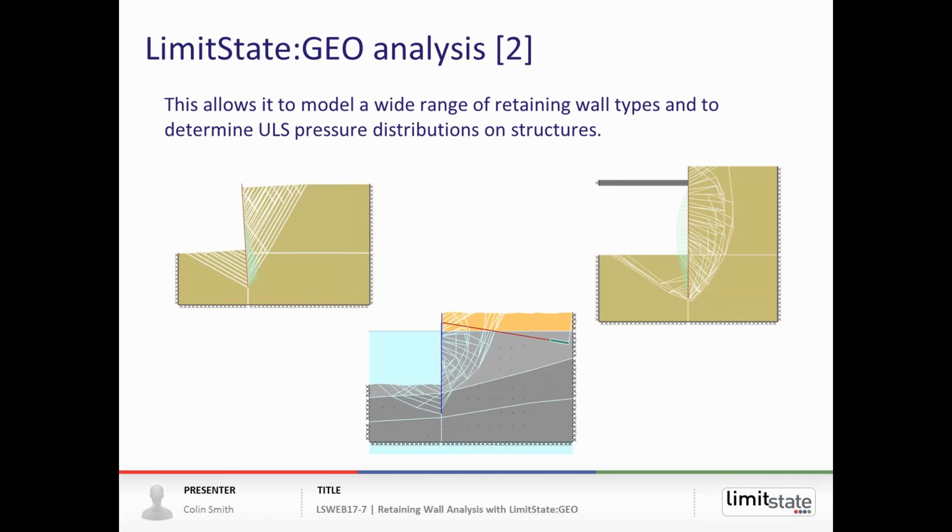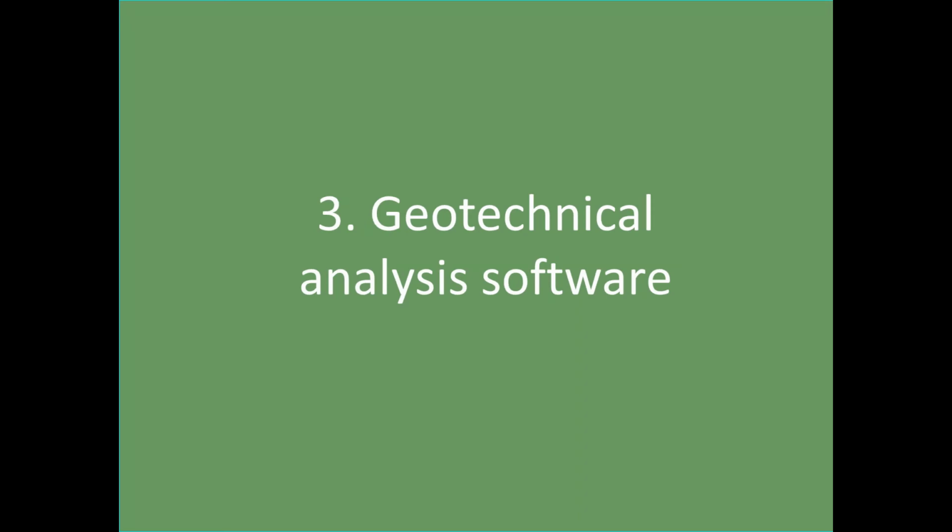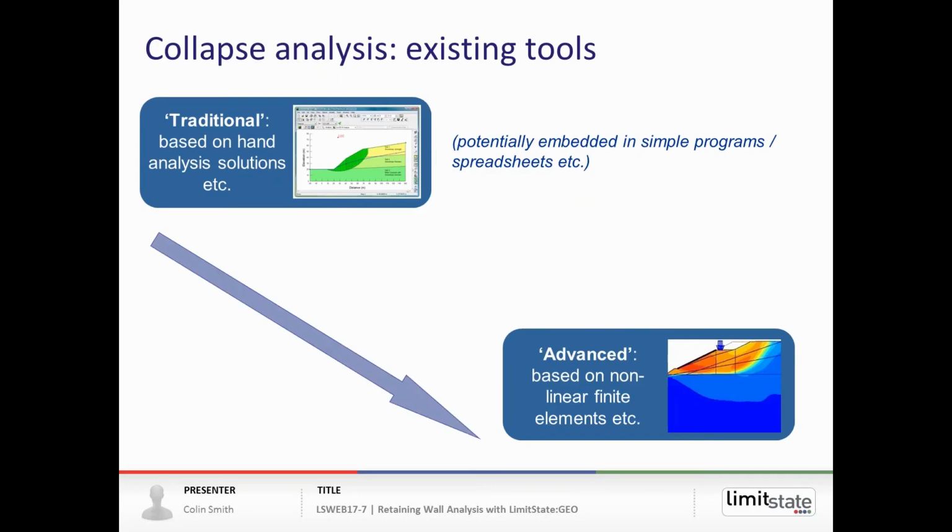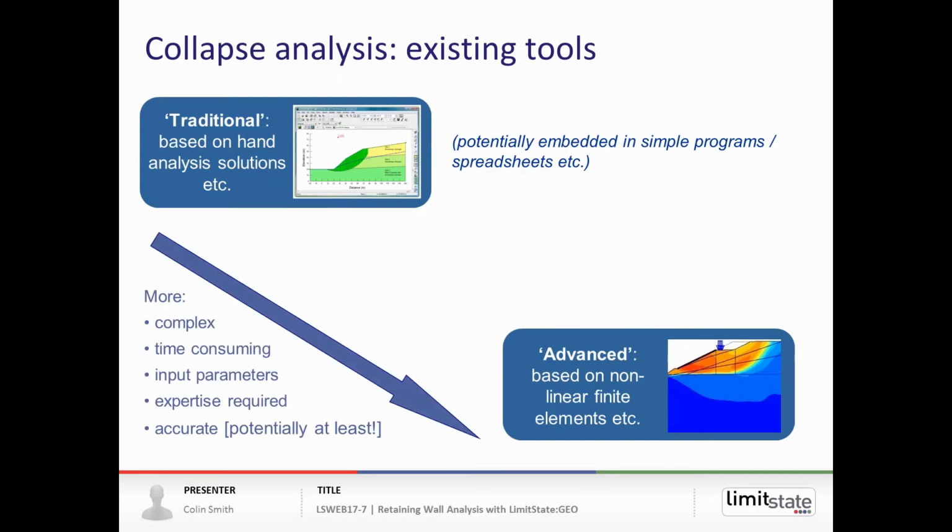So how does that particular method work in detail, and how does it relate to other geotechnical software? Just to give you a little bit of context, typical software that you might find available, on the one hand, in the top left corner we have what we might call traditional methods.